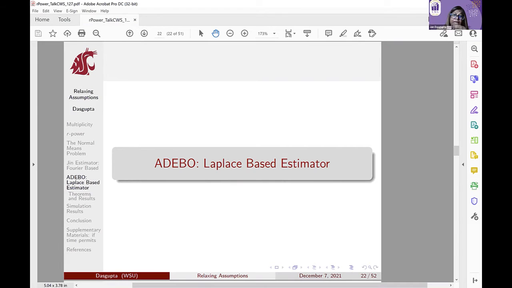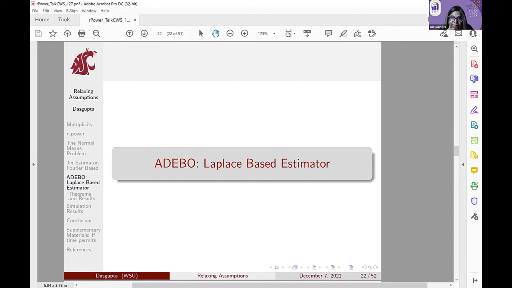Which is difficult because we are going to use the Jin estimator and plug it into our power. If this estimator has a lot of variance, our power is not going to be very reliable either. So that's where we started thinking, is there a better way to do it? The idea is great, but there are questions of bias, and more than that, the consistency was something that was worrying us, especially the amount of variability. So we came up with an alternative, since the Jin estimator is based on the Fourier function.